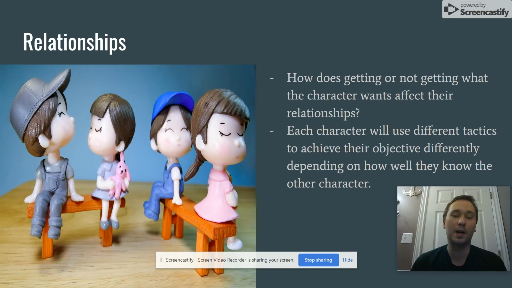So you've got to keep that in mind when you're designing your characters. How does getting or not getting what the character wants affect their relationships? It's also a good question. Each character will use different tactics to achieve their objective, depending on how well they know the other character.